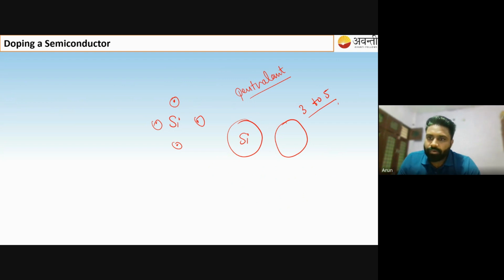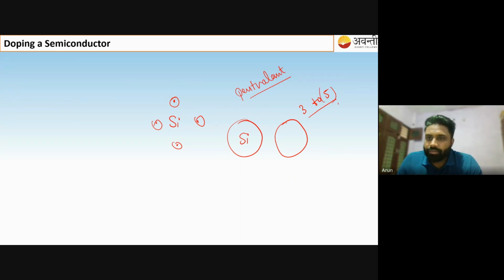If you take exactly 4, it gives us nothing, because the 4 outer valence electrons will be covalently bonded. Now the same situation is there, so there is no free electron. The only way to free an electron is to use one extra electron.